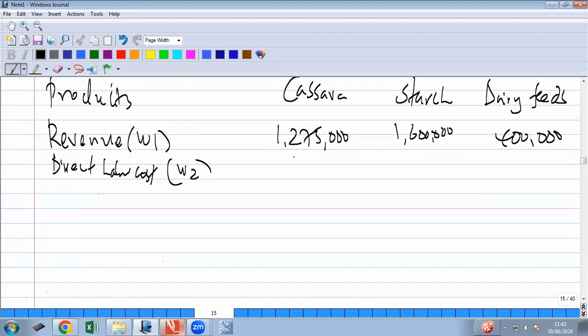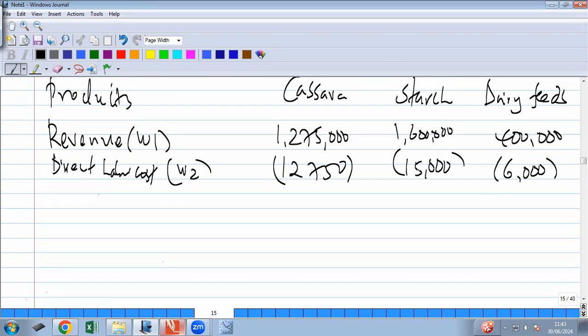Cassava is 750. We put this in a bracket to mean the cost, right? We have 15,000 and 6,000. Let's put this in bracket to mean it's a cost.